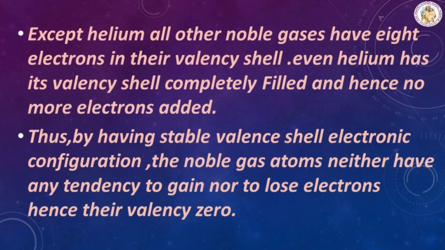Except helium, all other noble gases have 8 electrons in their valency shell. Even helium has its valency shell completely filled and hence no more electrons can be added. Thus, by having a stable valency shell electronic configuration, the noble gas atoms have neither any tendency to gain nor to lose electrons, hence their valence is zero.